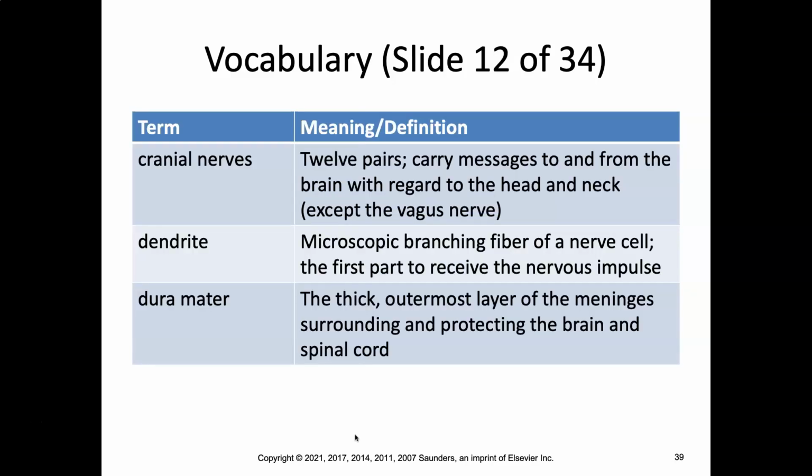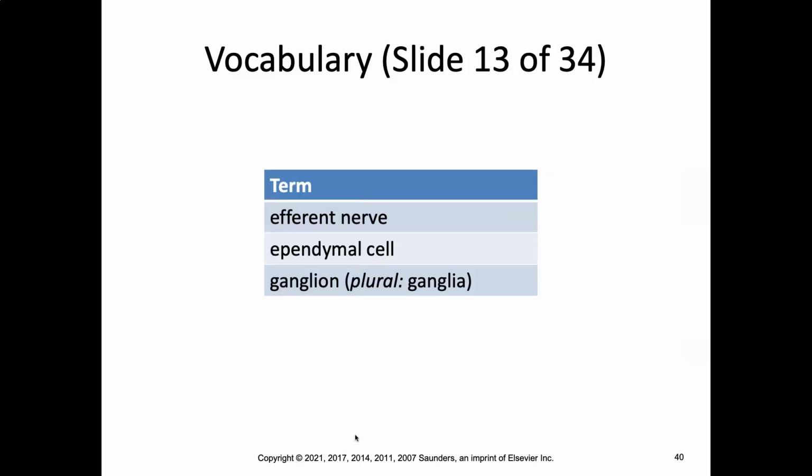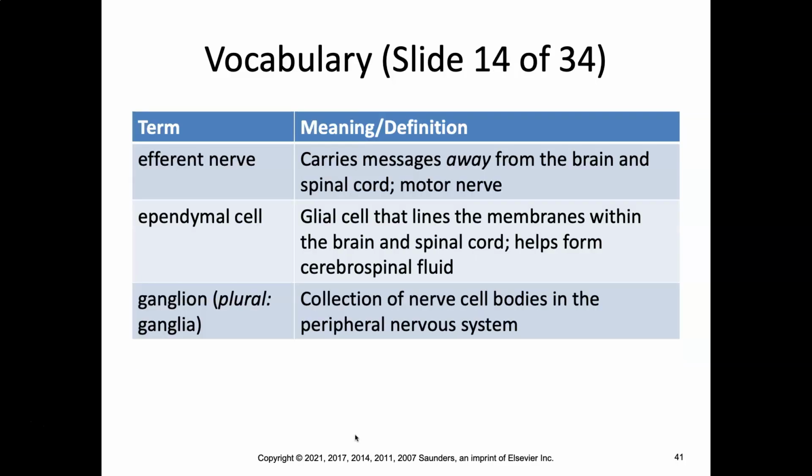You have 12 pairs of cranial nerves. That's why we feel and know so much, as we have so many cranial nerves going on. Another word for motor nerve is efferent nerve.